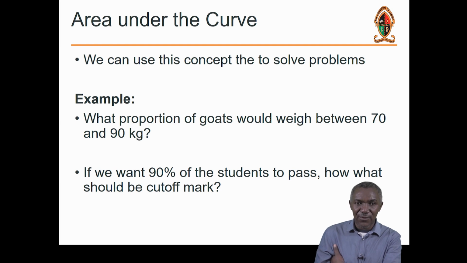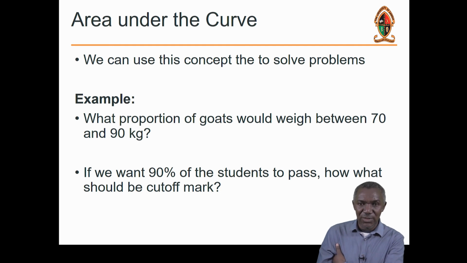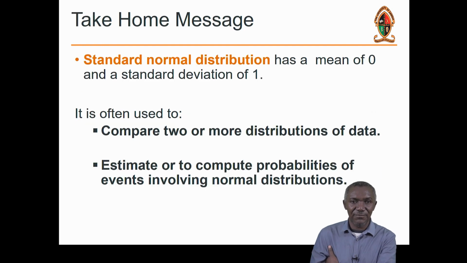In this scenario, this one is 2 standard deviations below the mean, and this one is 2 standard deviations above the mean, and we are interested in the area between these. So we find the percentile ranks for these and then find the area that is in between. This is how we make use of the area under the curve.